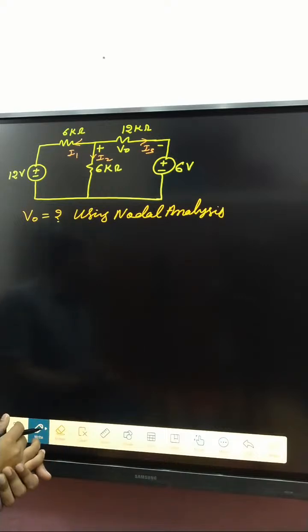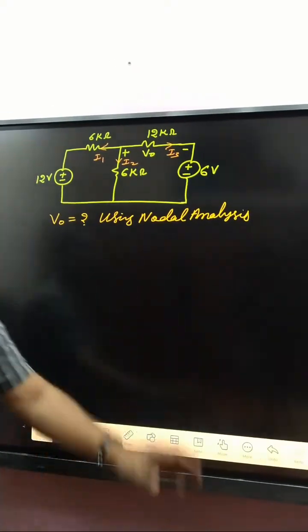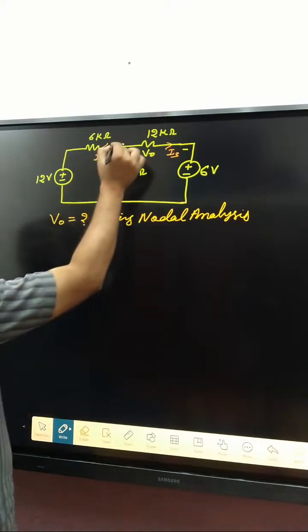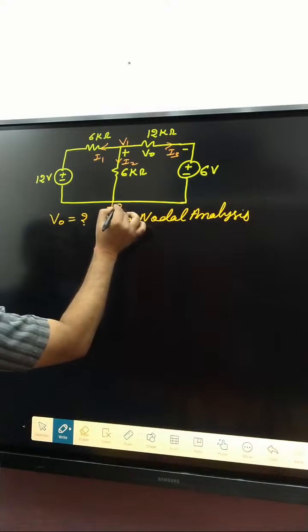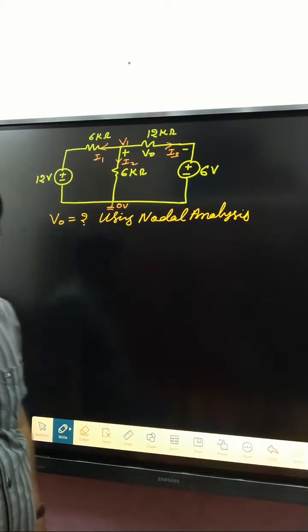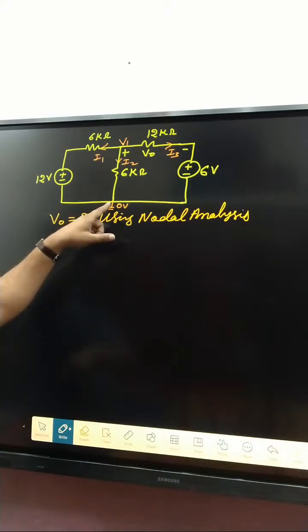How many nodes here? One, and here two. So this is V1 and that is V2. Third step, one node voltage is taken as the reference node. Reference node means zero voltage. So that one is taken as zero voltage.